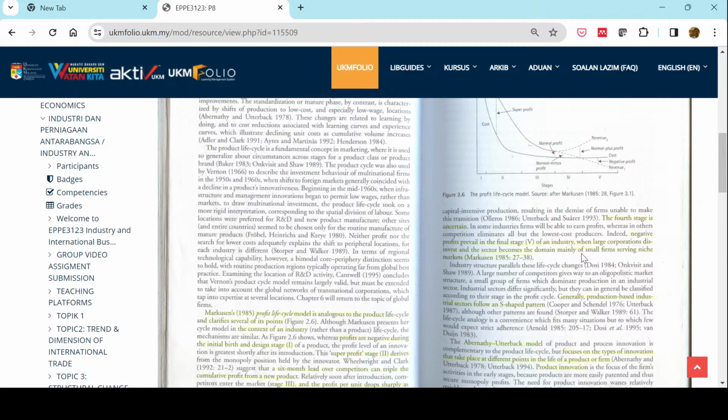From the moment it is introduced, flat, and goes up very quickly, and then maturing. Even before the decline, there's mature. That corner, that's the S shape. S curve. So generally production-based industrial sectors follow an S-shaped pattern.